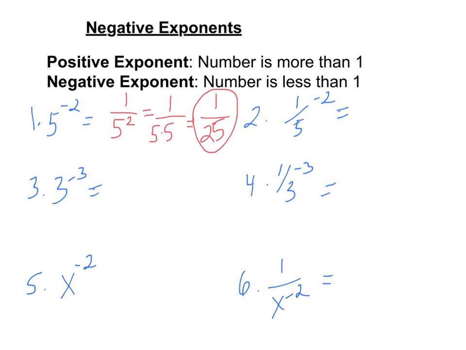But take a look here now at number 2. If you have the reciprocal raised to the same negative 2 exponent, what this means is we're going to do 1 divided by 1 over 5 to the second power.